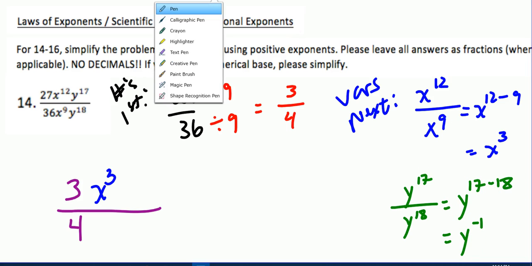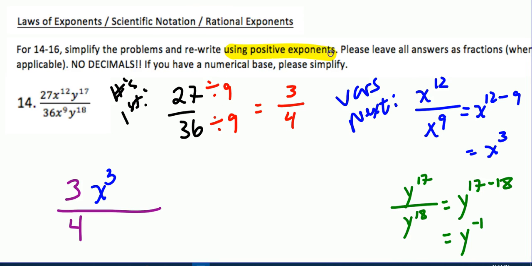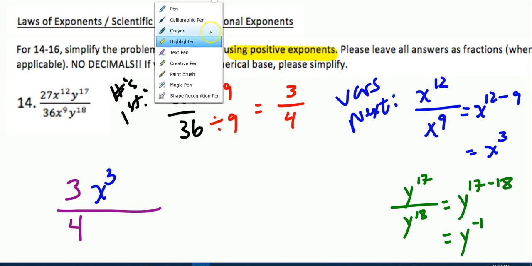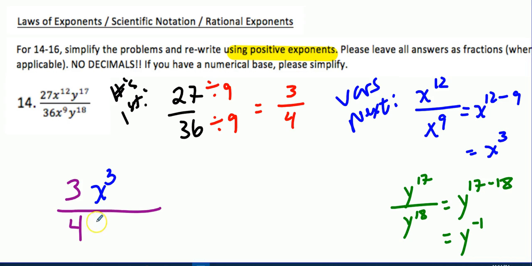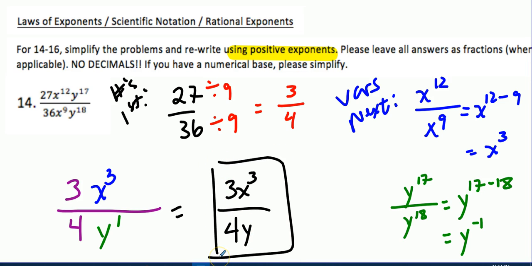But we are only allowed positive exponents. That's the rule. So we have to send that one to the bottom, which is y to the first. Whoa! That is crazy town. Which is y to the first. So final answer. If you put the to the first power or not, that's fine.